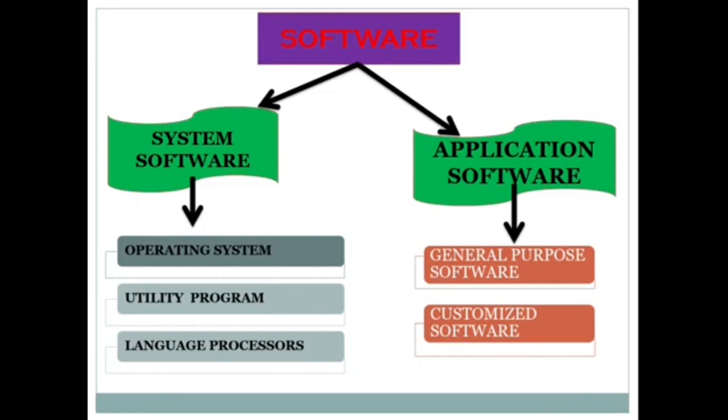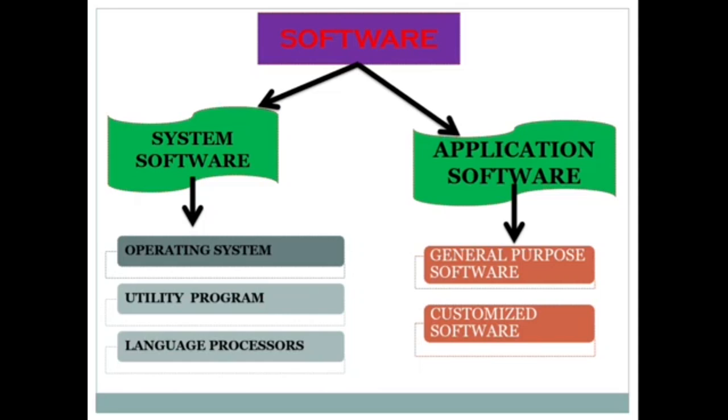So that software will not be used by me. That software is useful for that grocery shop only. So that is called customized software. Okay. So here application software is divided into two categories. One is general purpose software.